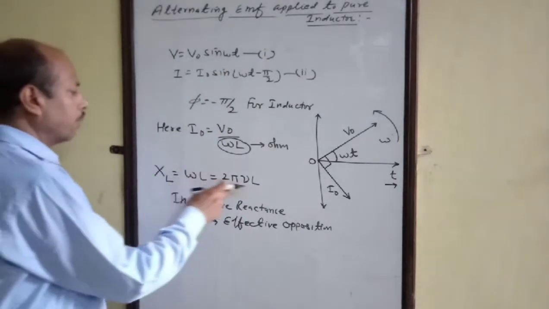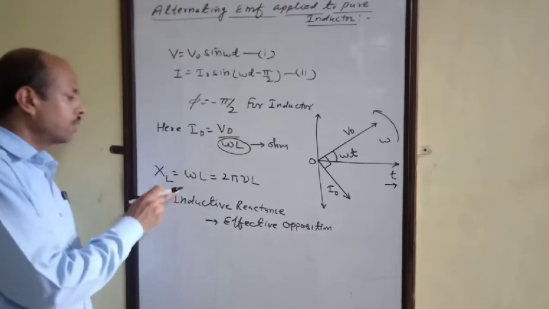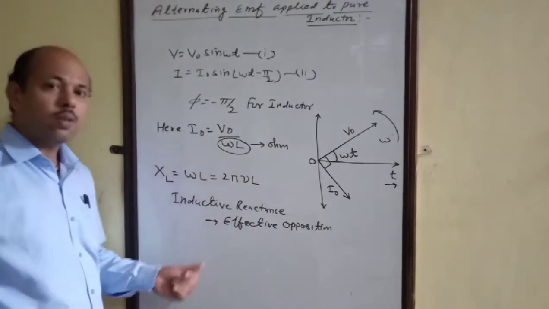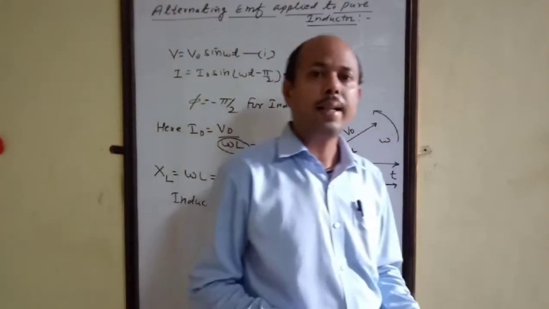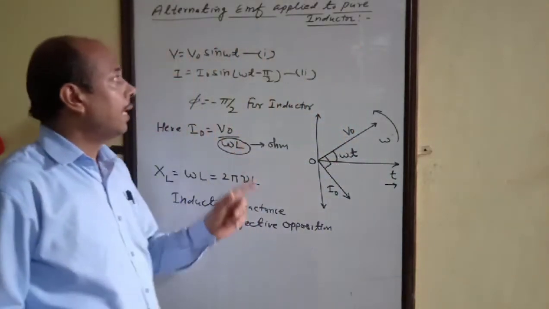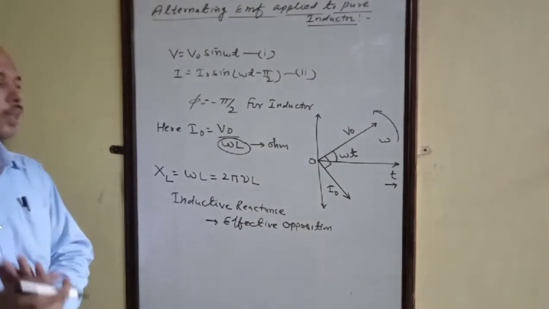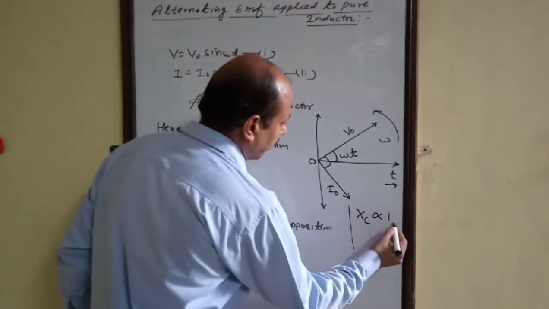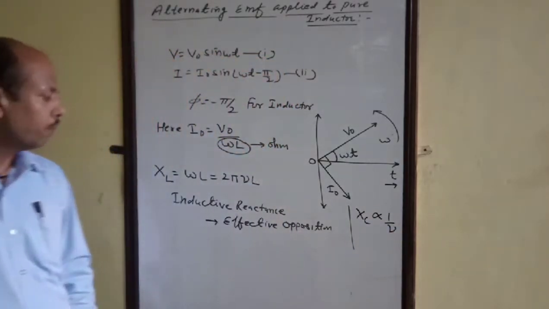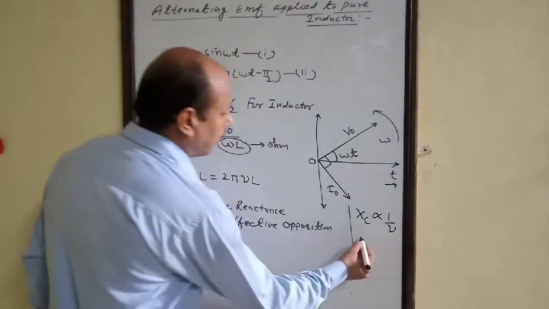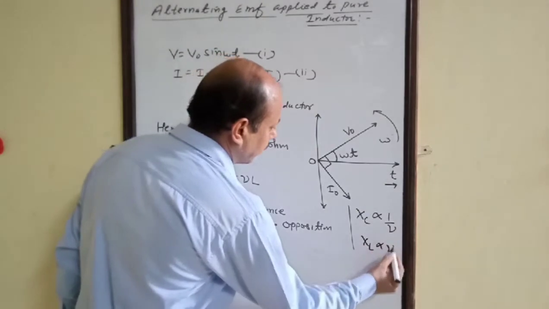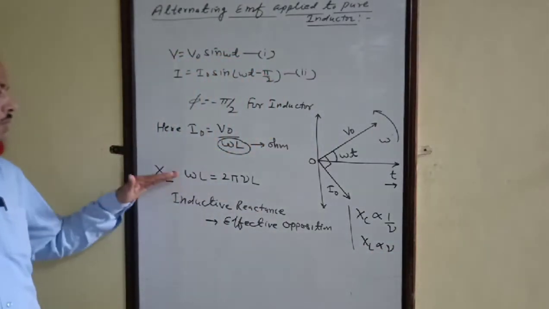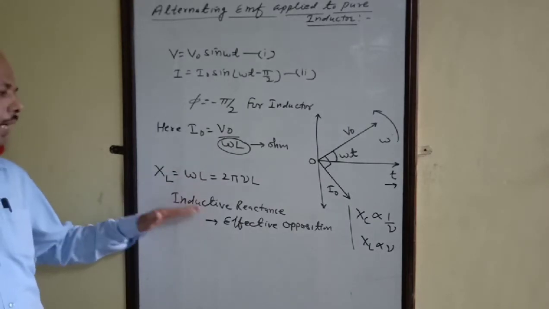And from this, it is also clear that XL depends upon frequency, but the dependence of XL on frequency is different from the case of capacitor. In a capacitor, XC is inversely proportional to frequency, but in the case of inductor, XL is directly proportional to frequency. That is the basic difference between inductive reactance and capacitive reactance.